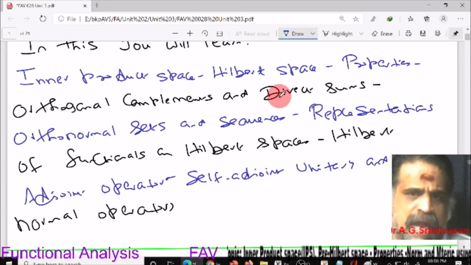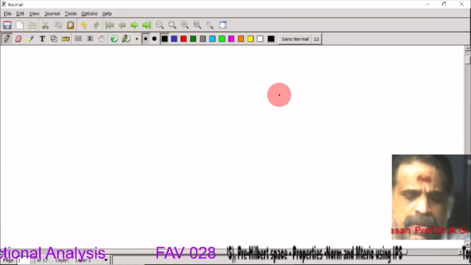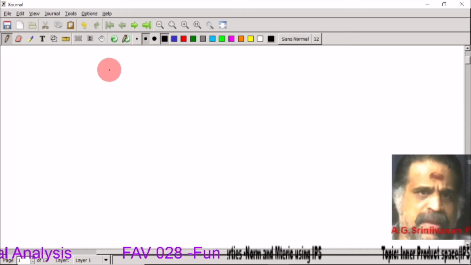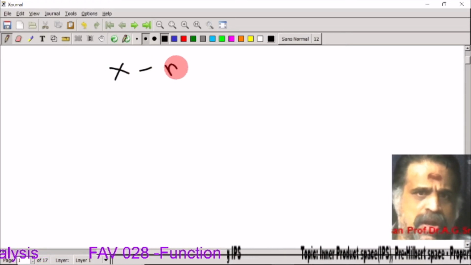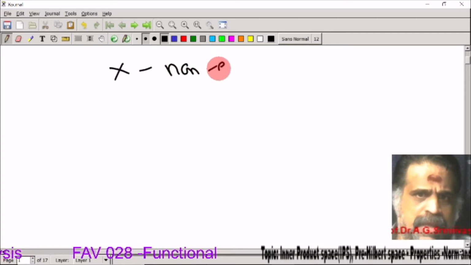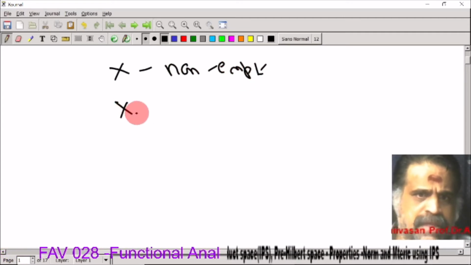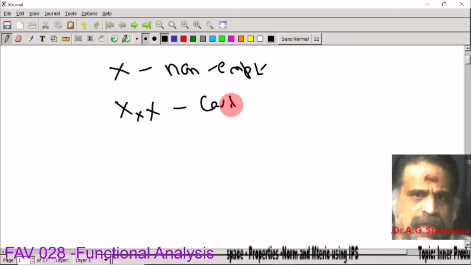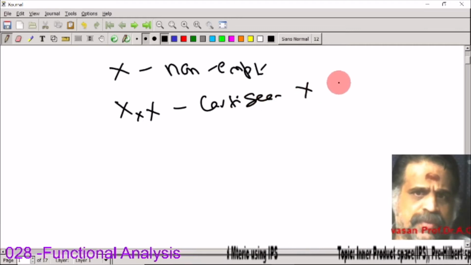Before we start doing the inner product space, just recall the definition of a mapping. What is X? X is a non-empty set. X cross X is the Cartesian product of X with itself.